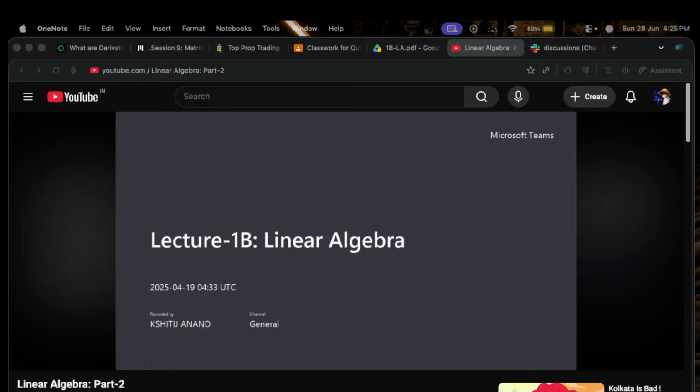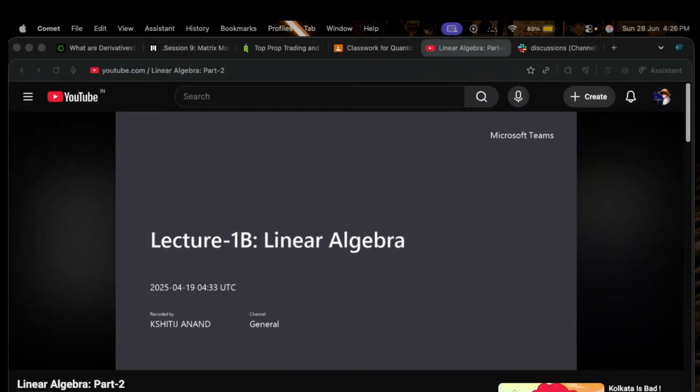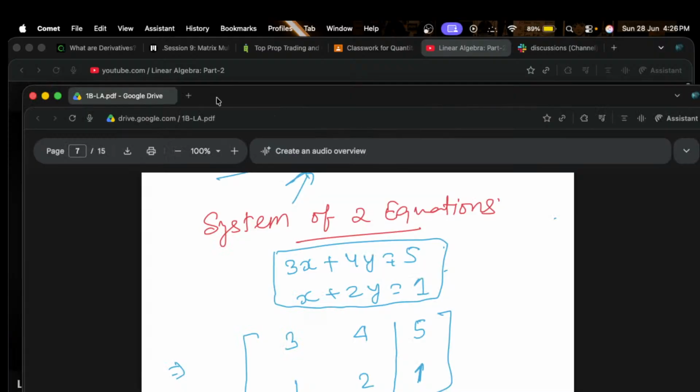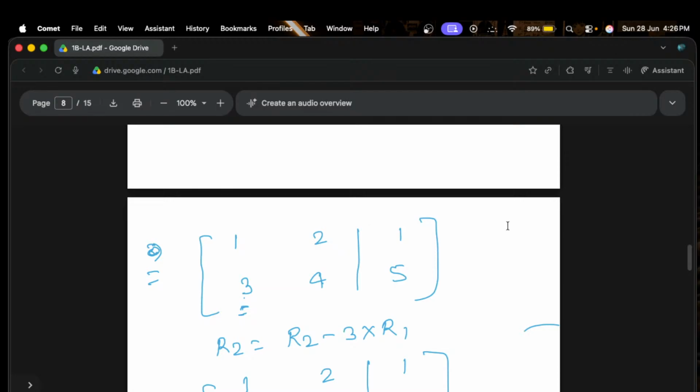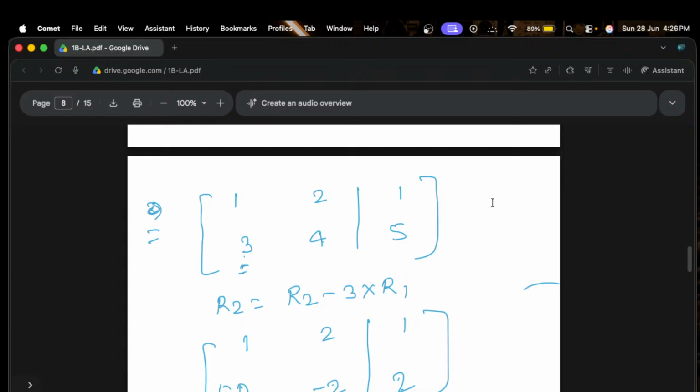All right, so let me just start this. I will bring this PDF to the other page. So basically, in this session, I am going to solve systems of equations. It is fairly on the easier side as compared to matrices, but people use it at various places.